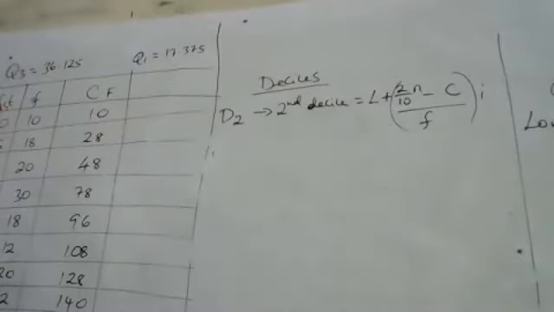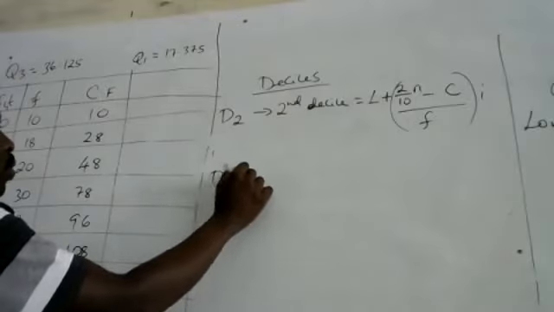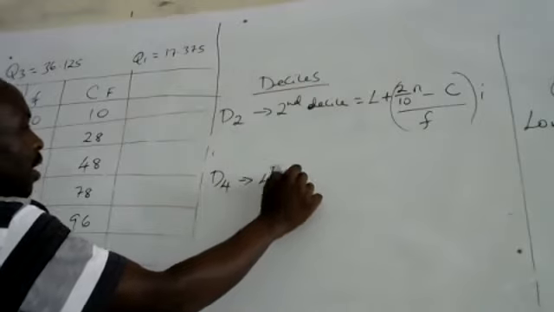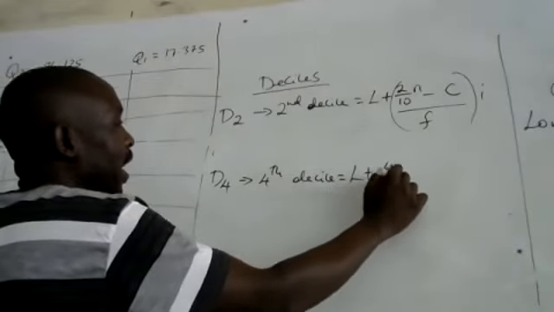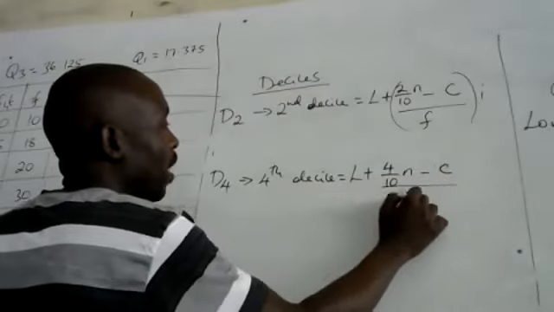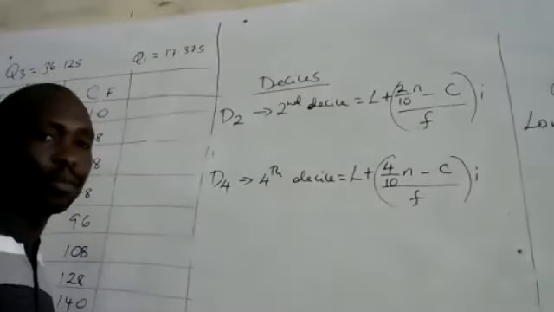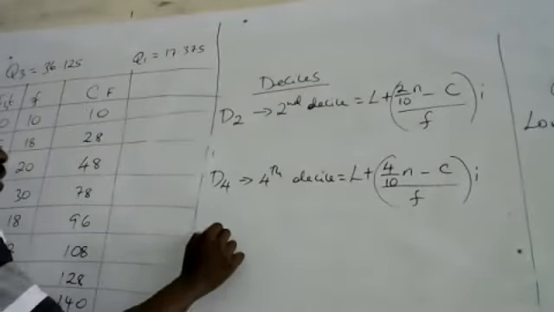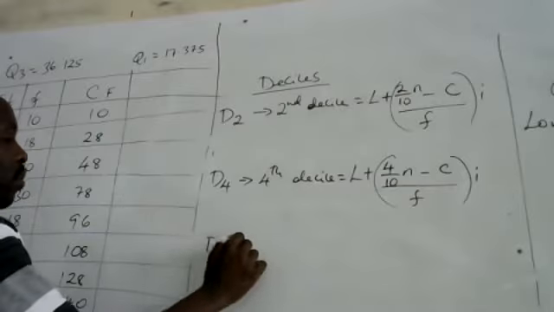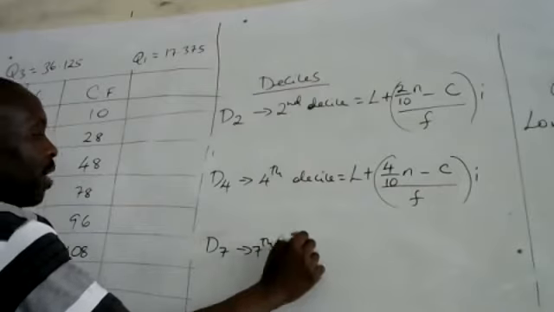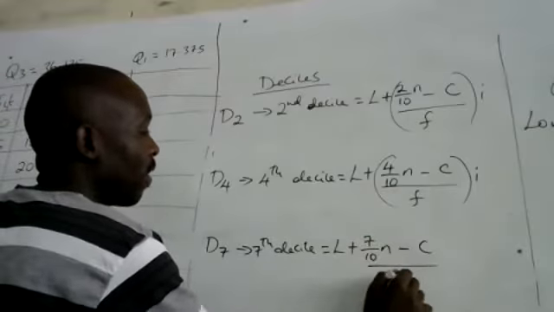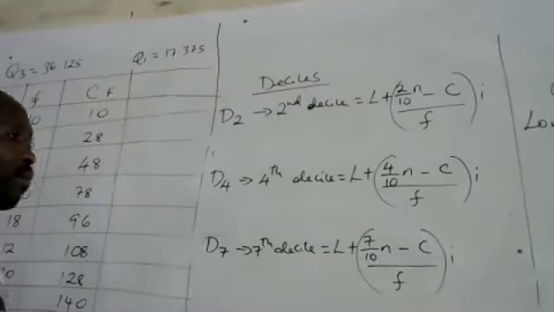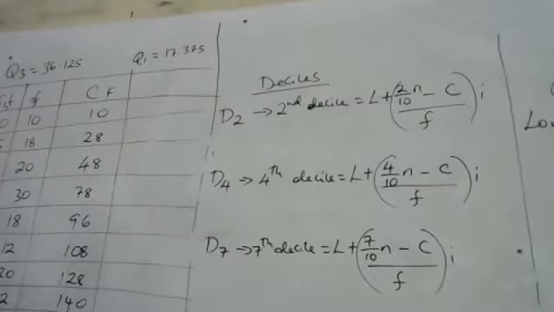And the procedure is the same. So we can also have D4, which means the 4th decile, calculated by L plus 4 over 10 N minus C over F, then you multiply by R. Then the 7th decile is calculated by L plus 7 over 10 N minus C over F times R. We can have the 8th decile, the 9th decile, and the 10th decile.